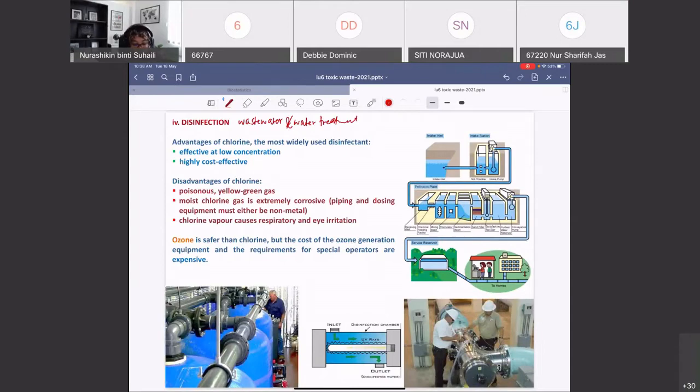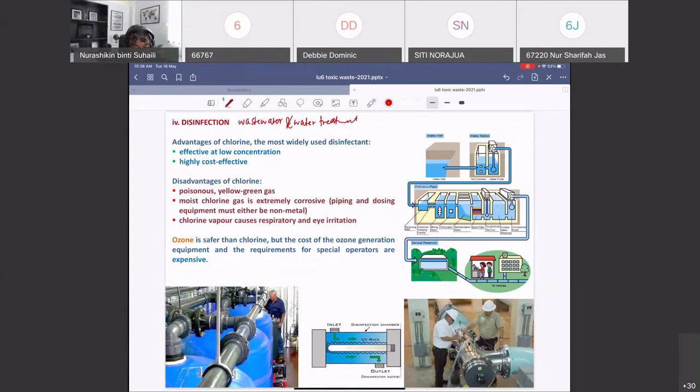The common chemical is chlorine. The reason why chlorine is used is because it is effective at low concentration, and also it is relatively cheaper compared to other options like ozone. So ozone is another option.